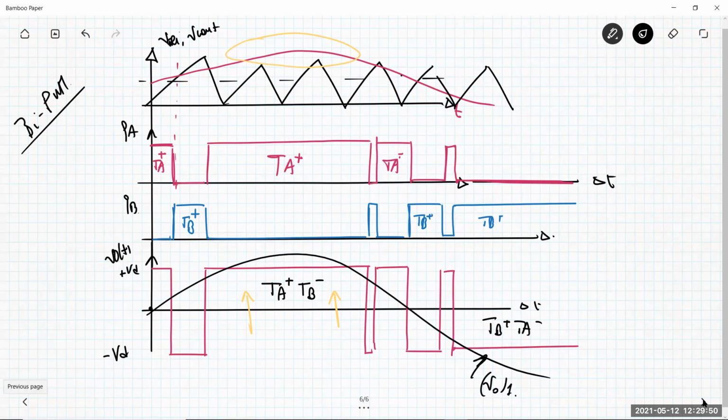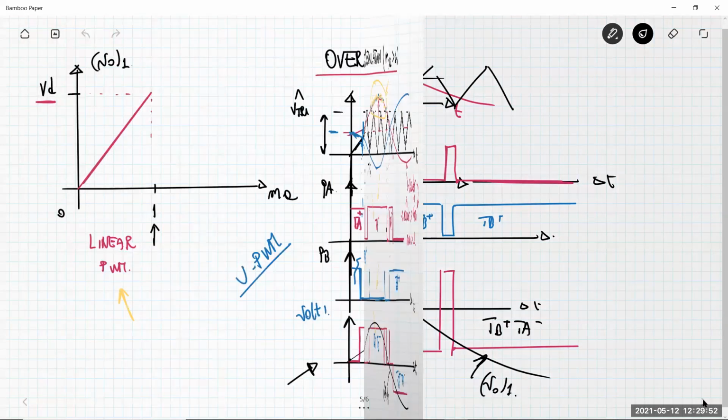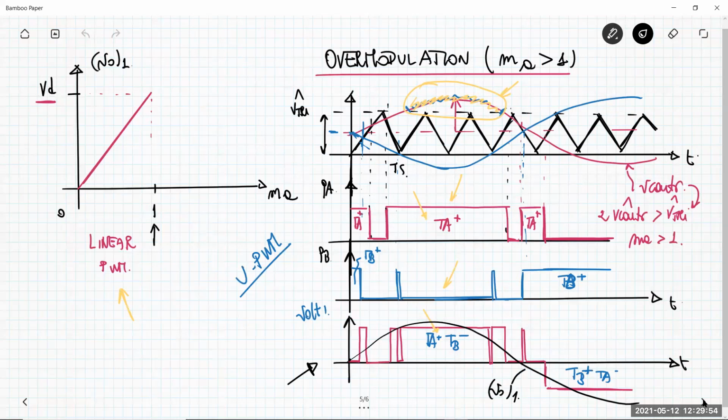Another behavior is that not only do you have again a fundamental component at frequency F1, but the amplitude of this component here exceeds the voltage VD, which is here. So you can see that the peak value of the fundamental component is higher than VD.